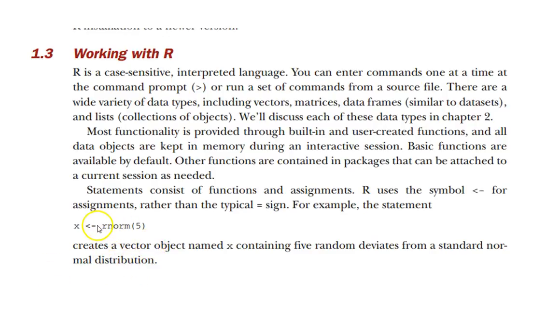So this is something else. This will create a vector with 5 random numbers from a standard normal distribution. So let's try this one.